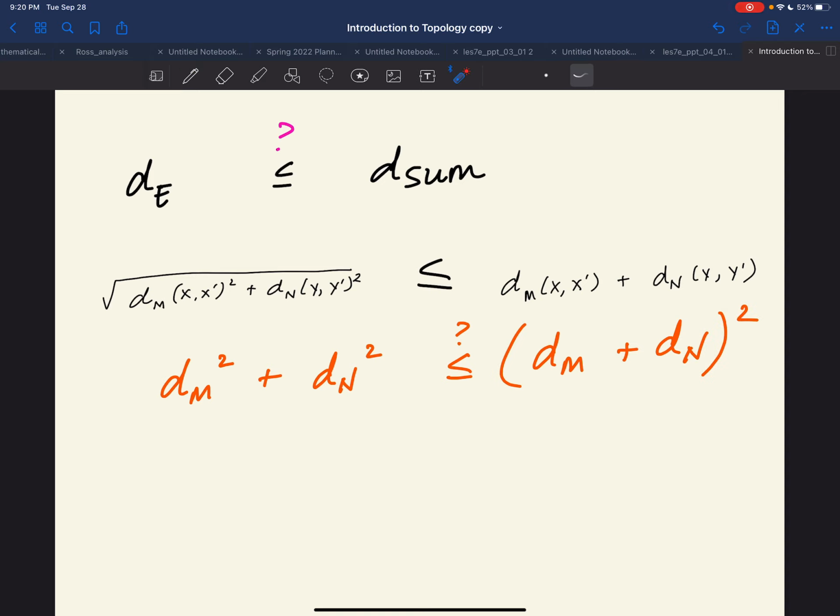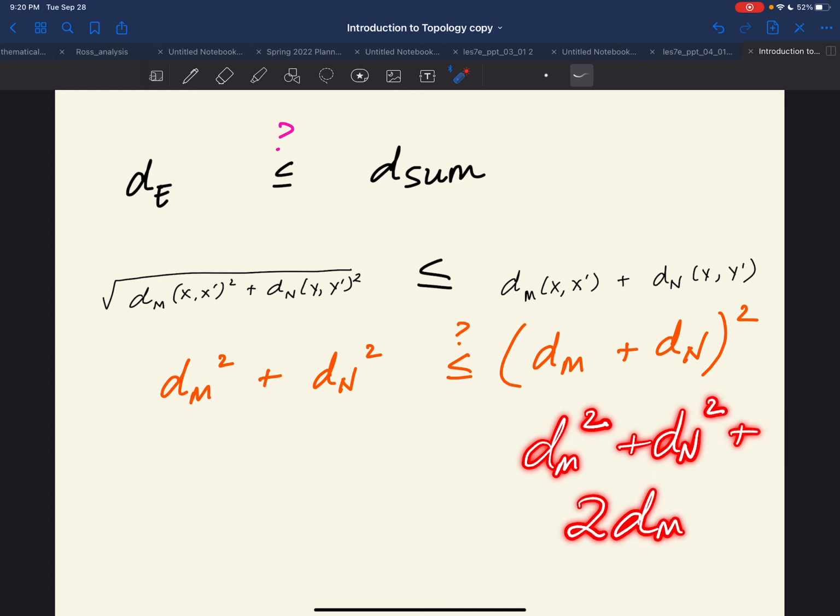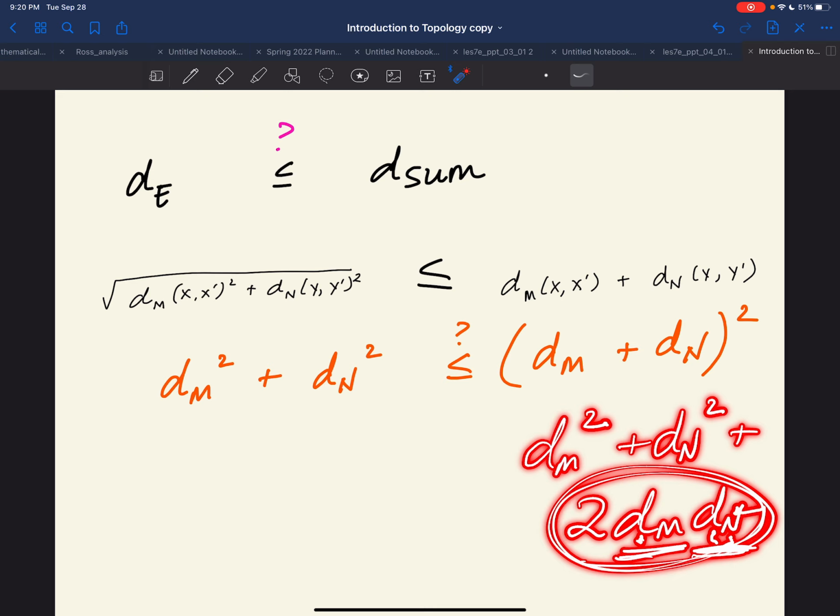And when we square both sides, it's easy to see that this right-hand side is going to have this plus 2 times the metric in M times the distance with respect to the metric for N. Again, since metrics give non-negative values, this term is going to be greater than or equal to 0.